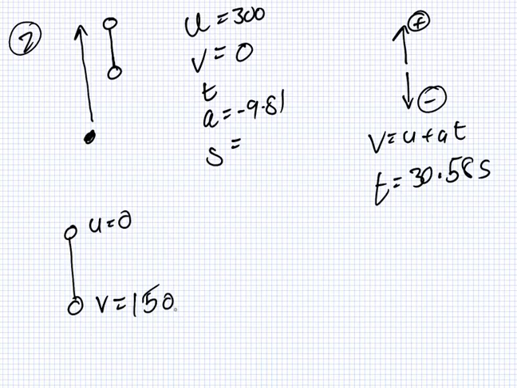Okay. I want the T, so which formula should I use? V equals U plus AT, isn't it? So what did you get for T for this part? If you say V equals U plus AT, then you'll get T is 30.6 meters per second.